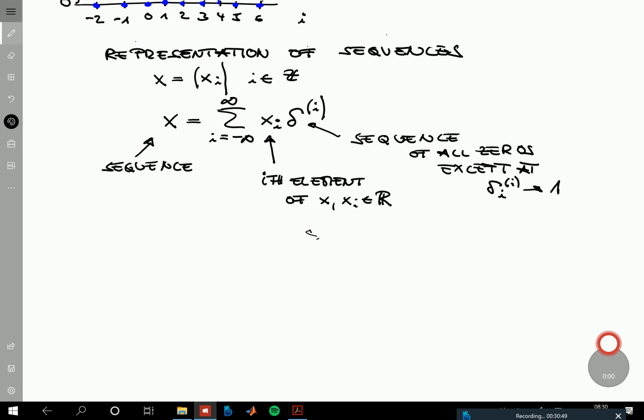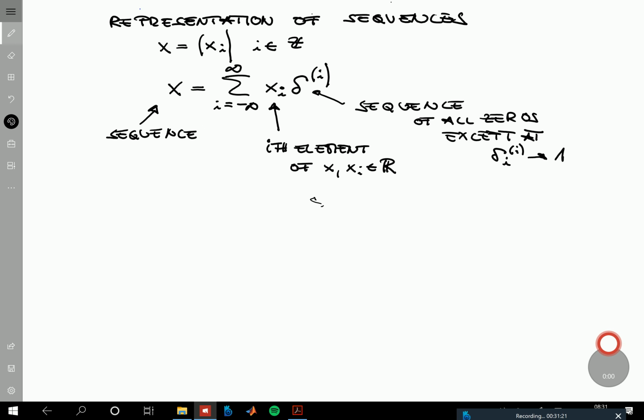And then we add all of these scalar multiples up. So we basically take infinitely many unit sample sequences that all have their ones at different i's. We multiply all these unit sample sequences with the respective scalar entry of the original sequence, and then we add them all up, and then we get our x back.